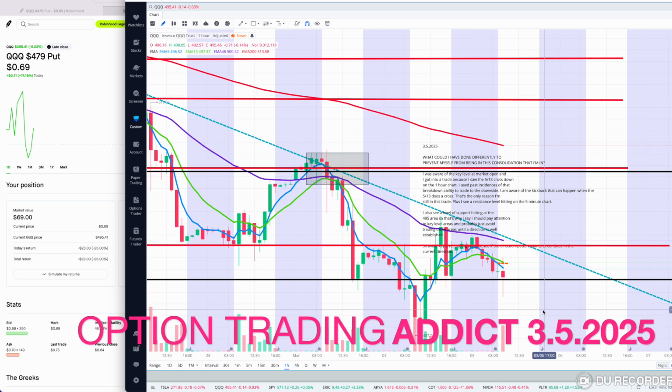Makes me not overly critique my trade as well. Okay, we're gonna get this breakdown here. That area right there is tough. Come on.